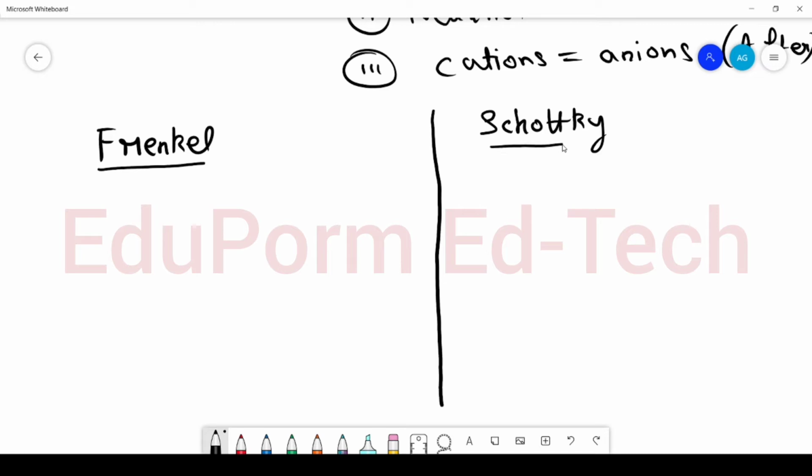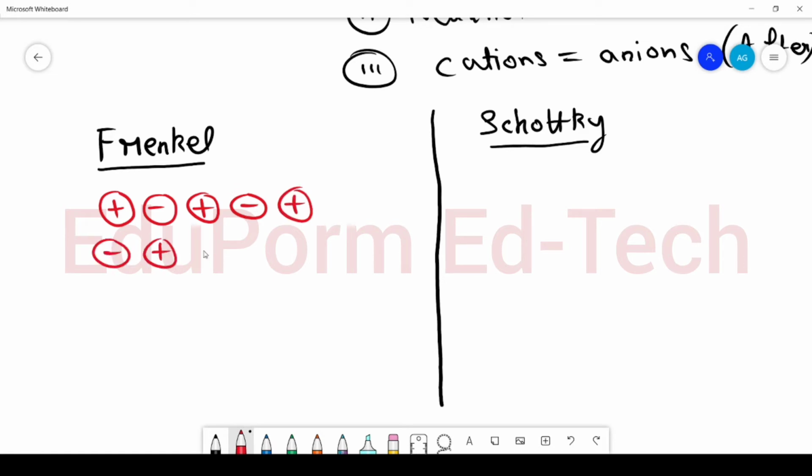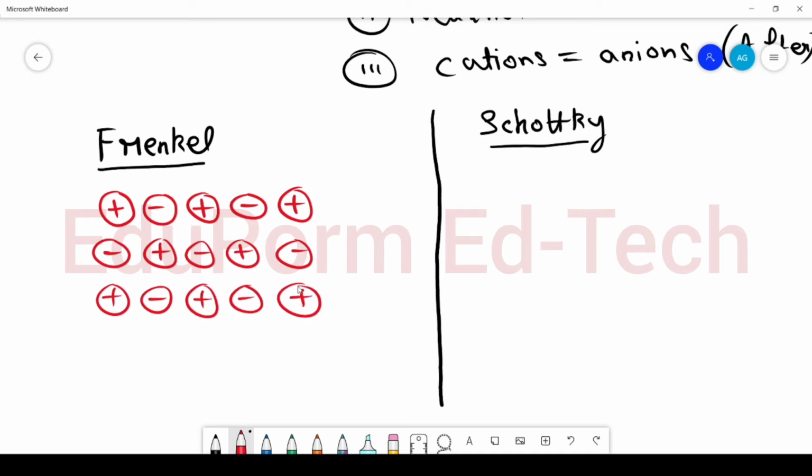Now let us understand what happens in the case of Frenkel defect and what happens in the case of Schottky defect. So this is a cation, then anion, cation, anion, and cation, then anion, cation, anion, cation and anion. Then we have cation, anion, cation, anion and cation.